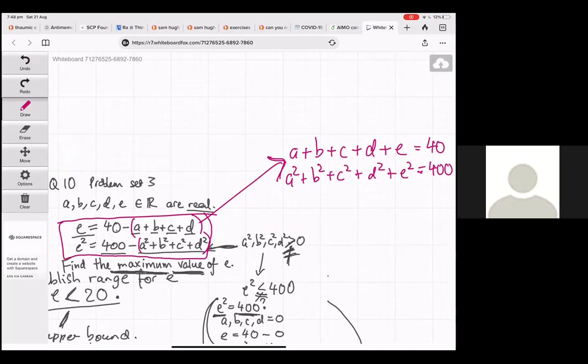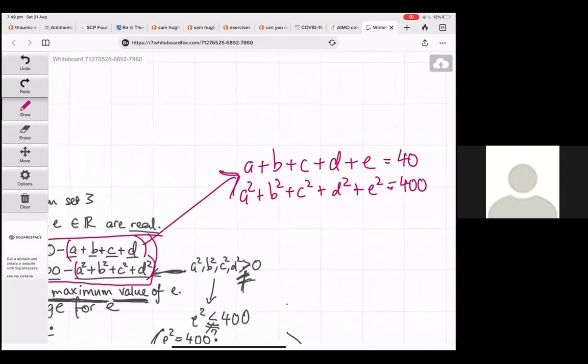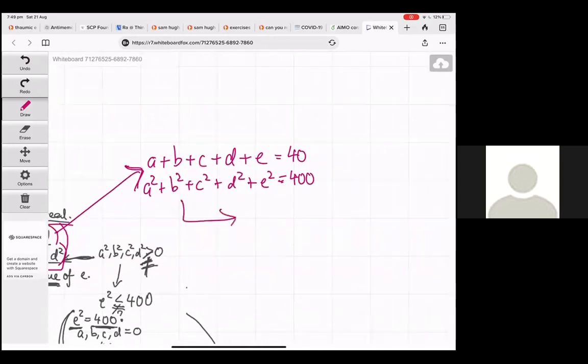Now, this invites me to do some stuff with squares. It invites me to try and square this, or maybe not exactly square the whole thing. In fact, I'd say that it invites you to complete the square.